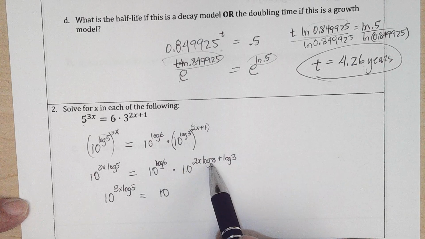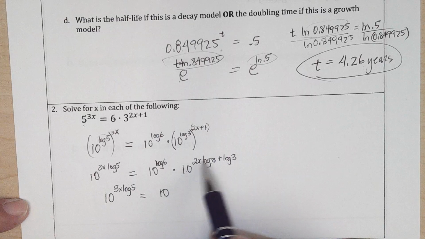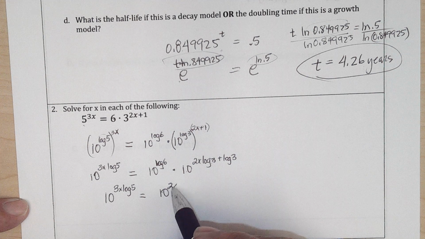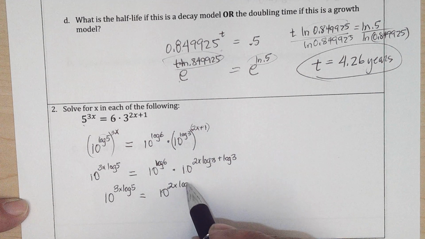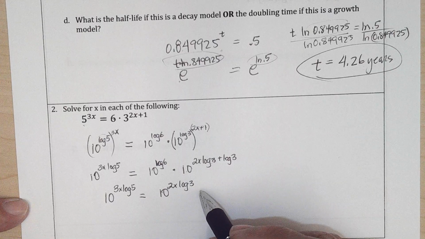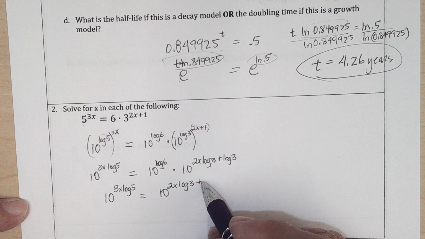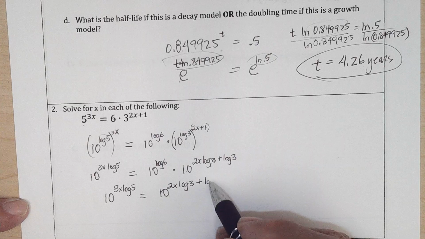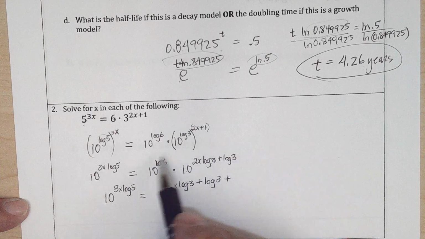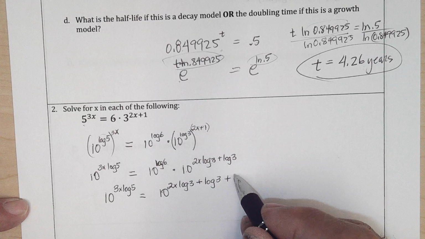These are the same bases, but this has an x and this one doesn't, so I'm just going to write it all out here. 2x log 3, that's just two numbers times x, plus this other power, log 3, plus this power. These powers will add.